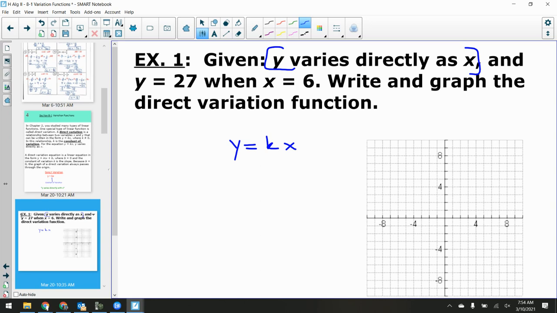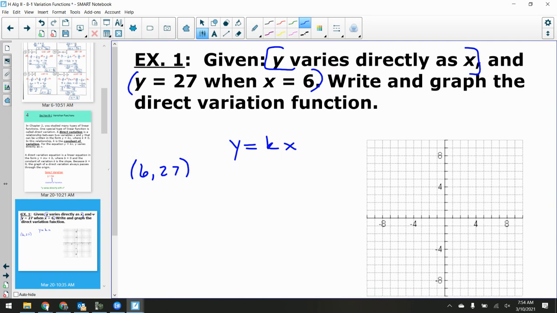Well, then the next phrase tells me basically an ordered pair. Y is 27 when x is 6. So basically, I know 6 comma 27 is on that line.